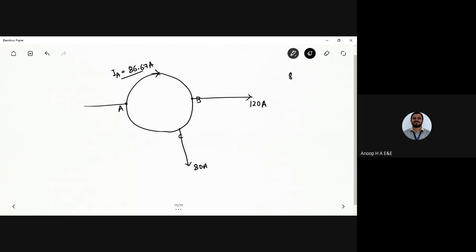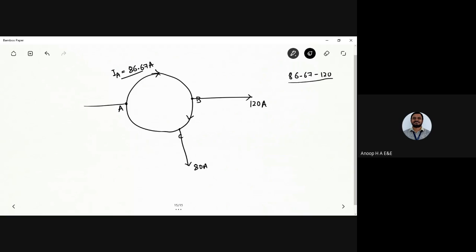What is the current in this section? 86.67 minus 120. I want you to do it along with me. 86.67 minus 120 is minus 33.33.